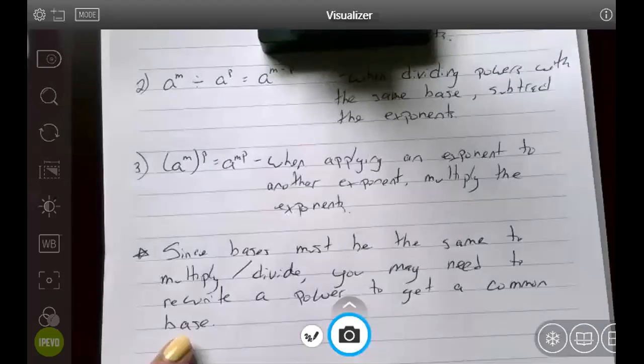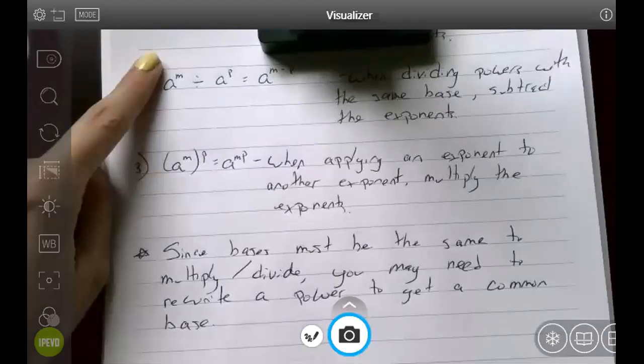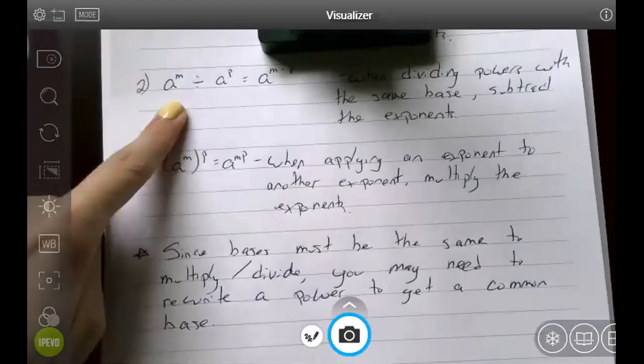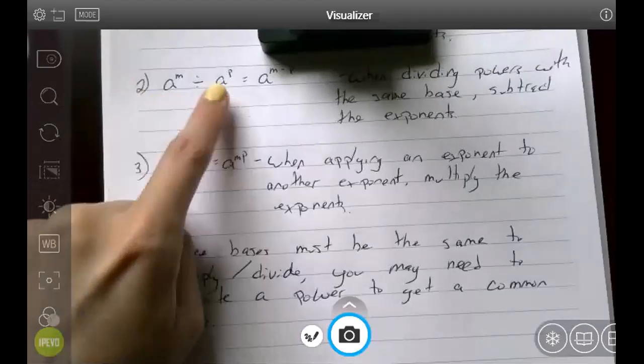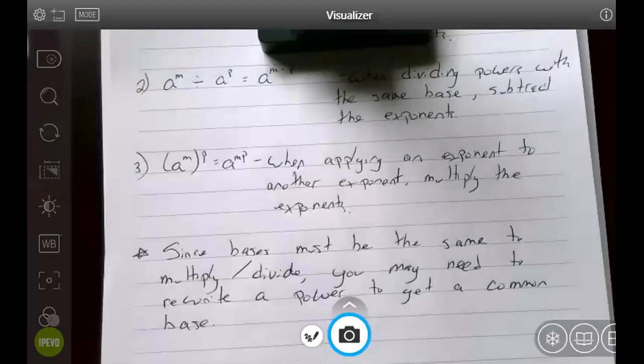Since, as you may have noticed with the division as well as the multiplication, this only works if the bases are the same, sometimes if you're asked to multiply or divide, you may need to rewrite the power to get a common base before you can use any of these laws.